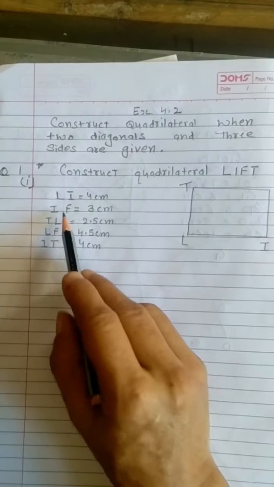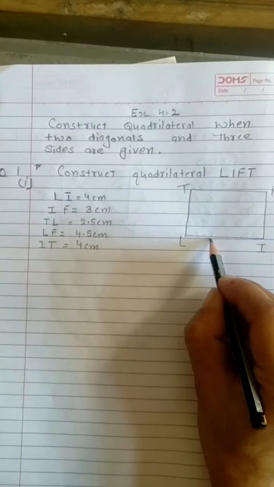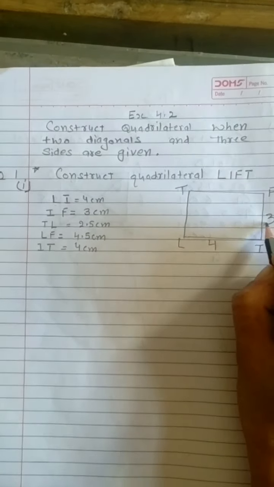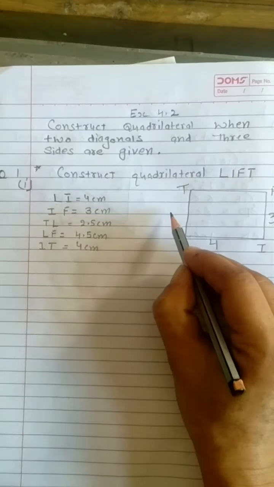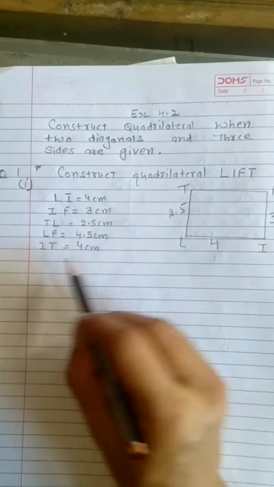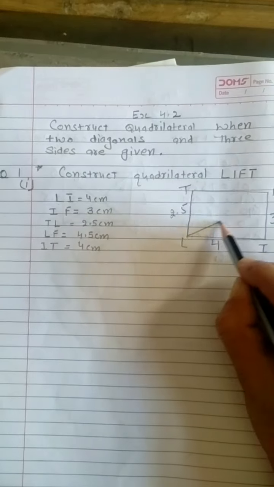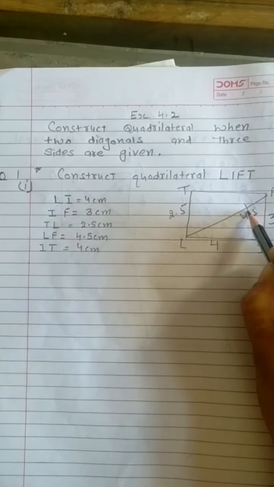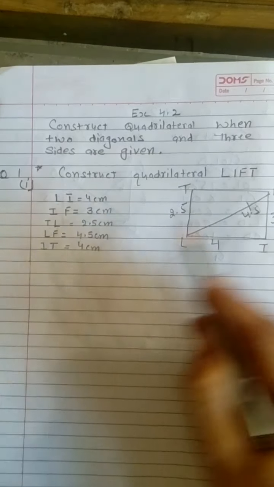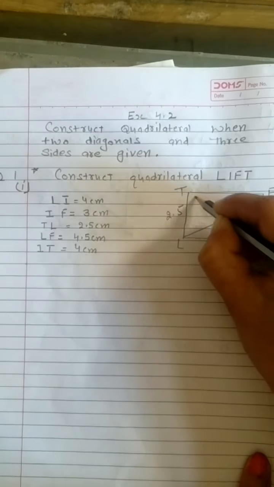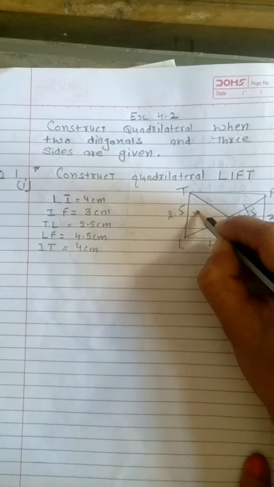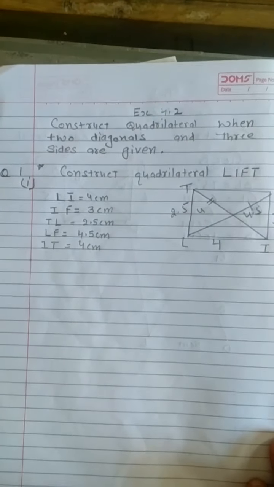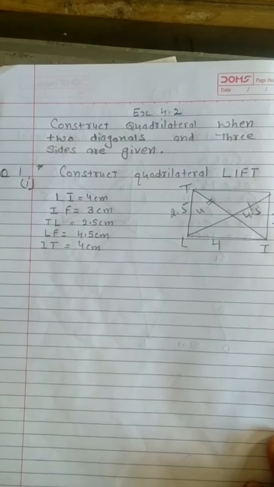Then mark the measurements: LI 4 cm, IF 3 cm, TL 2.5 cm, LF, this diagonal, 4.5 cm and IT, this one, 4 cm. You can draw the rough figure with or without a scale, it doesn't matter.